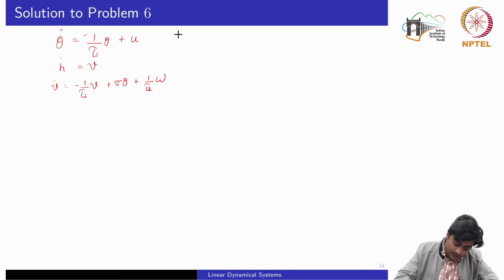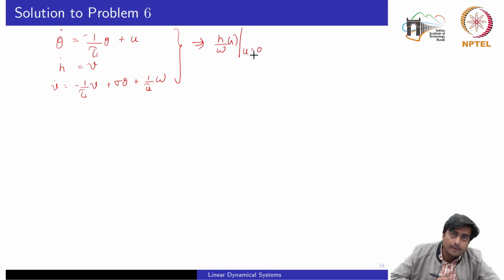Okay. So now from here we need to compute the transfer function h by w of s by putting u equal to 0. If I see this equation, this one is pretty much standard. If you take the Laplace transform on both sides, it is nothing but an integrator. So we would have h by v of s is 1 by s.